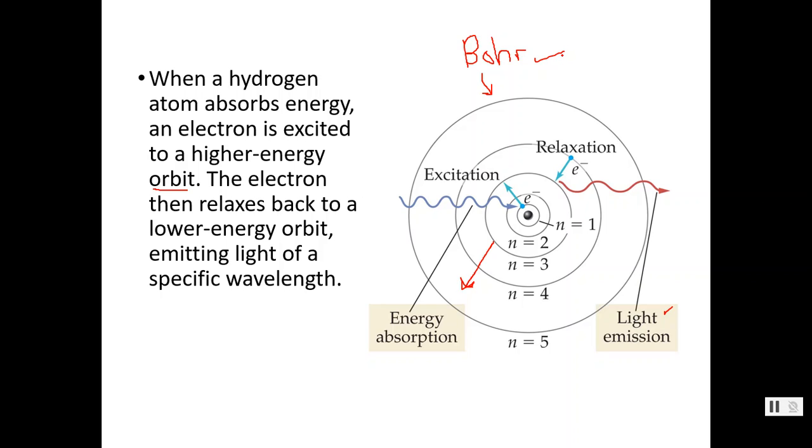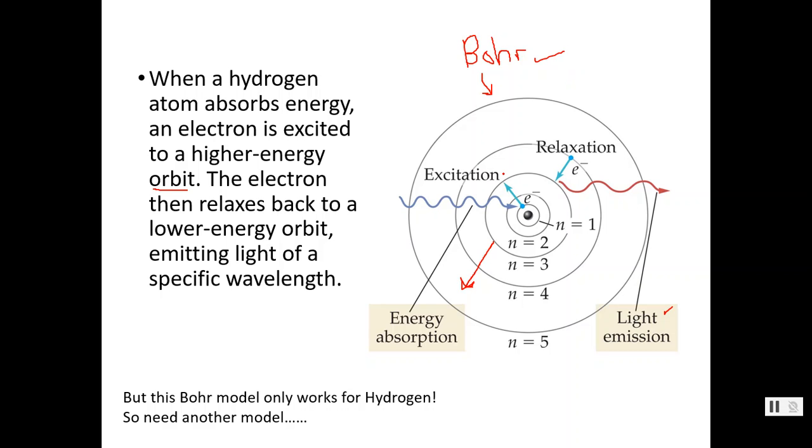Once you start adding additional electrons to your atom, which is essentially all the other elements in the periodic table, this model falls apart, meaning it does not accurately identify where an electron is in an atom. So this model is great for hydrogen, not so great for other atoms. So we need another model.